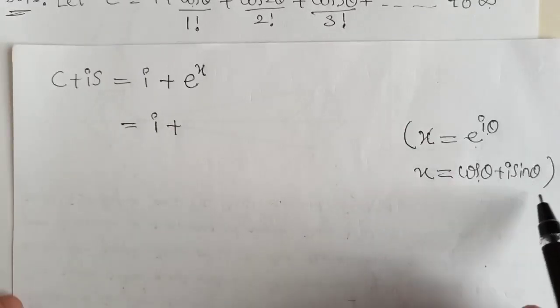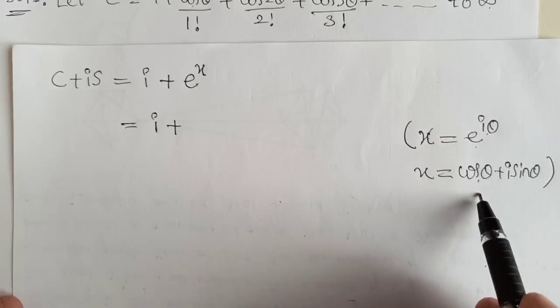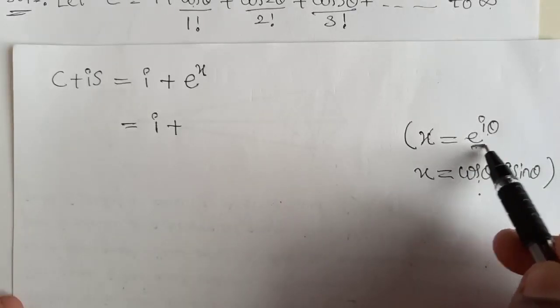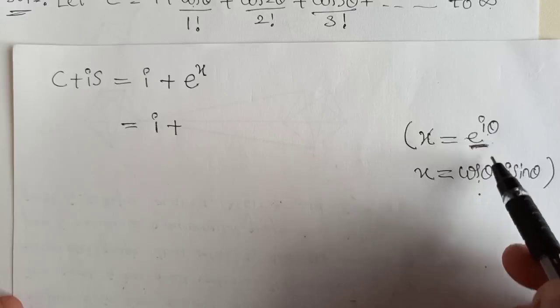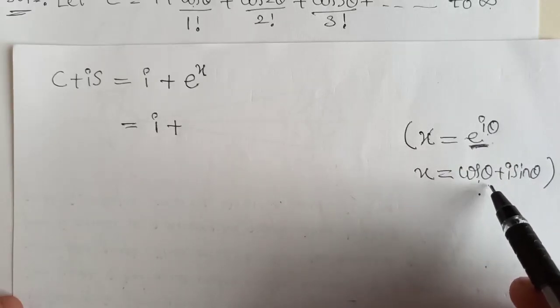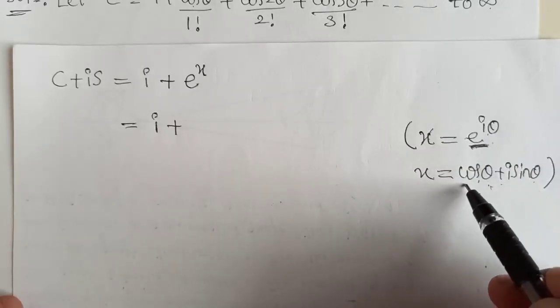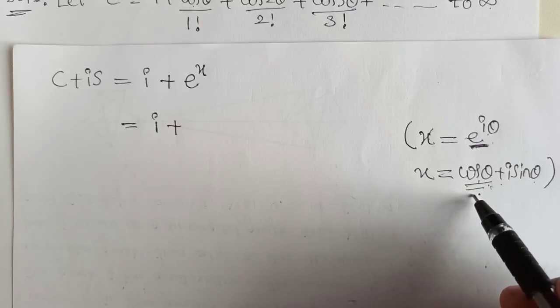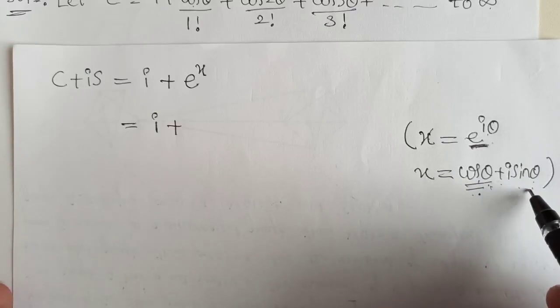Why are we using this? To separate the real and imaginary parts, since here it consists of both the real and imaginary parts. After writing this in terms of cos theta plus I sin theta, we get cos theta, that means real part separately and imaginary part separately.